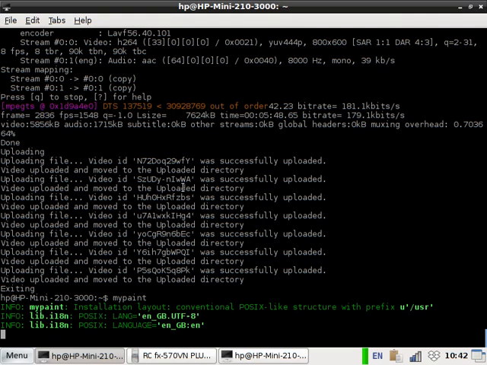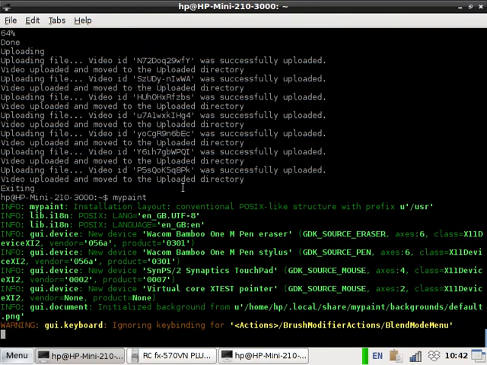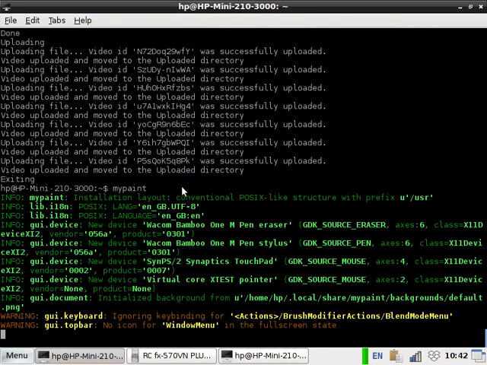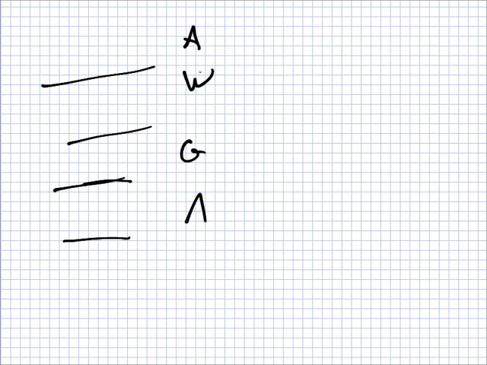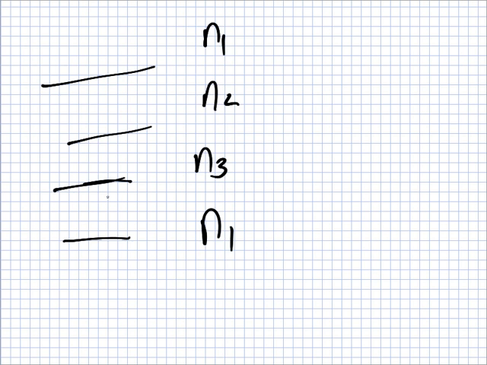So rather than saying air, water, glass, and air, we'll just say N1, N2, N3, N1. Okay, so for the first one, you have how many layers? Air, water, glass, air. So we'll call this one N1, N2, N3, N1.